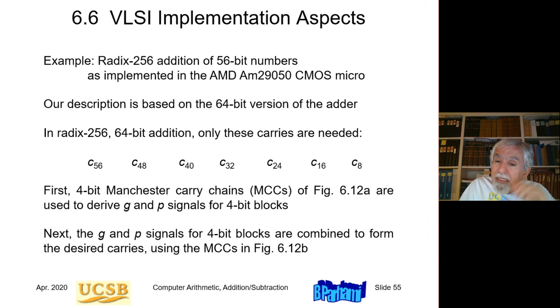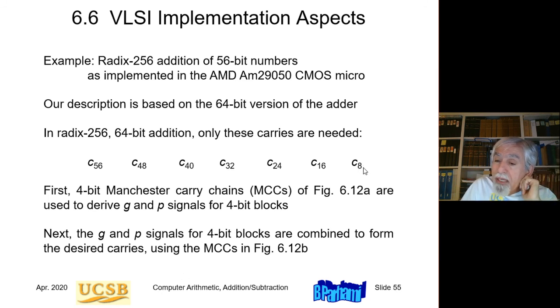Now, in designing a Carry-Lookahead adder that is 64 bits wide, I need all the carries C1 through C63, all the intermediate carries. However, there's a design strategy that allows me to bypass some of those, not generate them, and we'll see more details later.